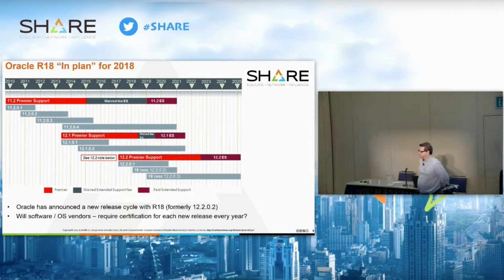Yes, Jim? So they're calling it release 18, but it's actually 12.2.0.2. Yes, correct. Is each one of these, 18, 19, going to have a 10-year cycle, or before they've always done the point release? Look at 12.2.0.1. It's only got like a 3-year cycle, and then it's gone, right?